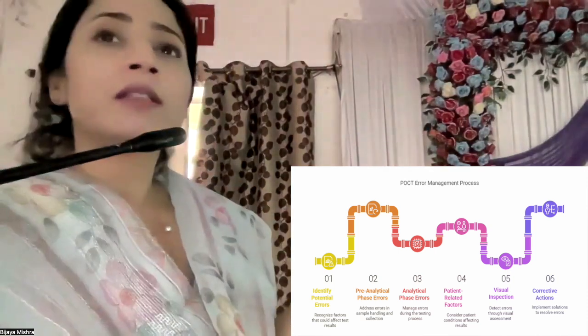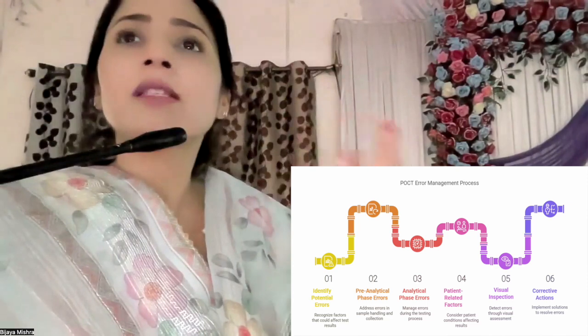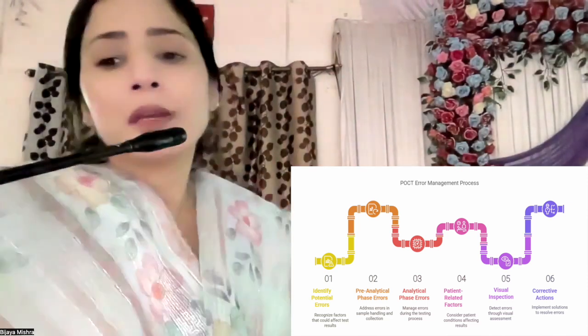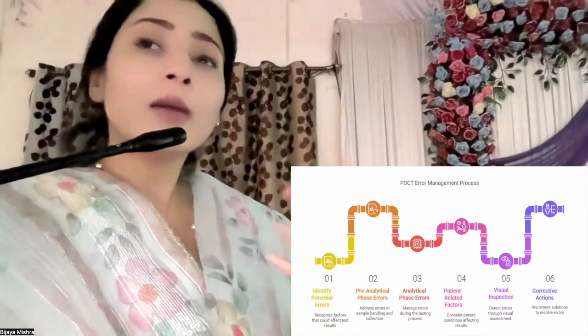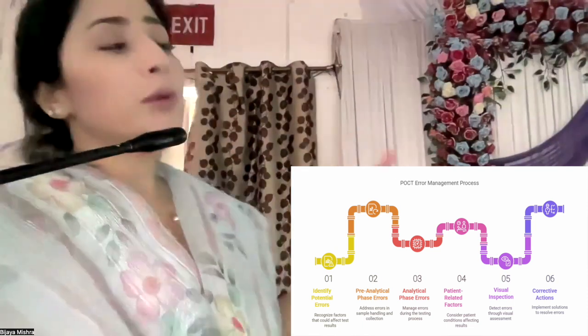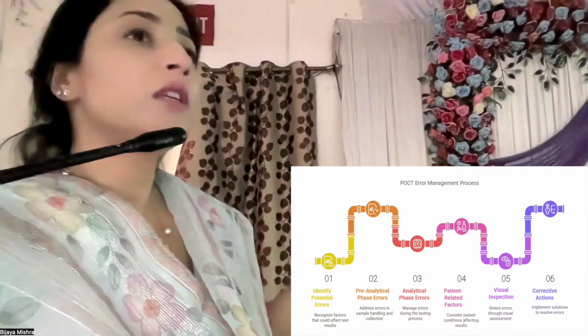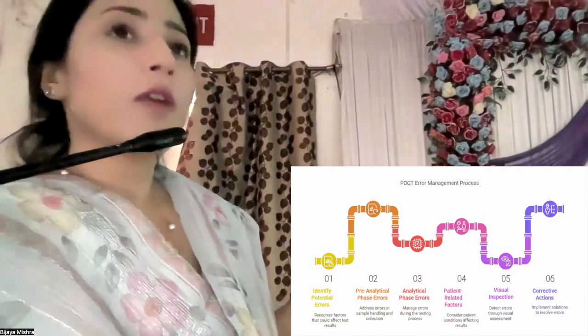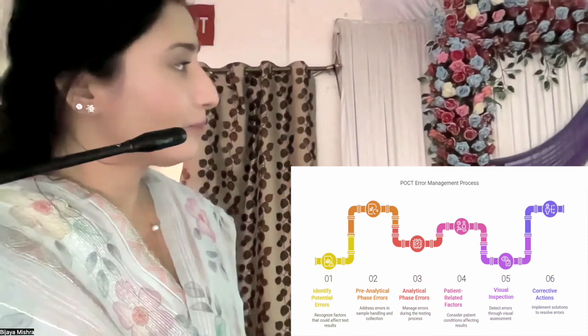If there is turbidity in the serum, we can say that the sample is lipemic. The person conducting the POCT test should be able to identify all these sources of error, be aware of them, and take corrective action accordingly.